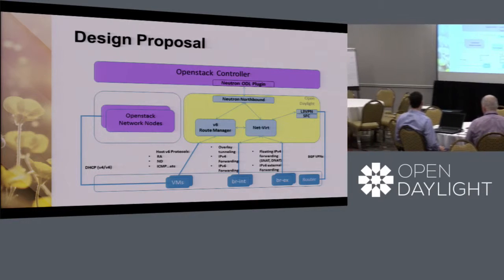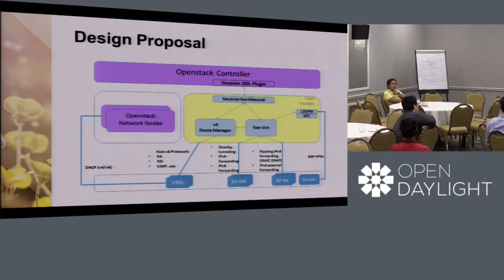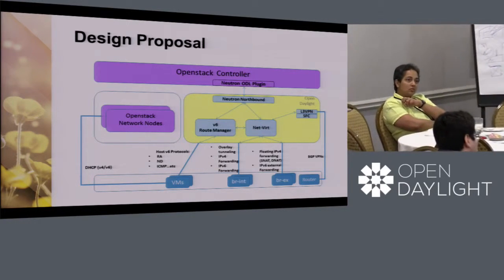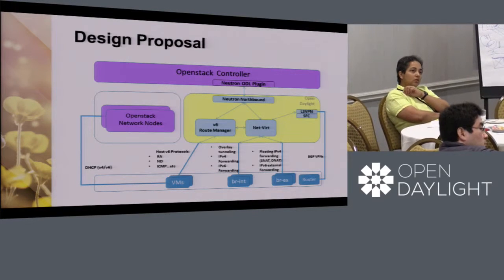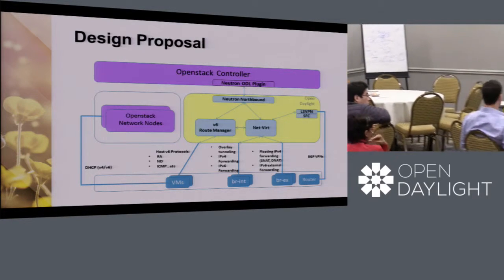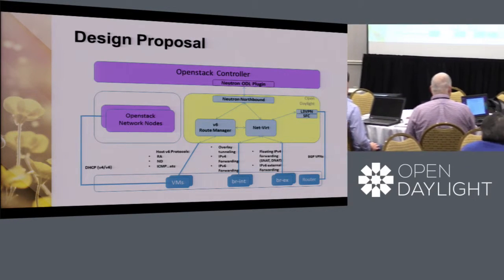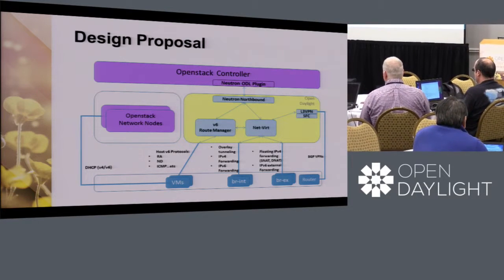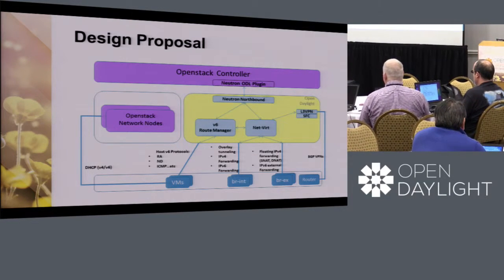Then you need to know, or a single one on multiple ports. I was wondering if there was any use case for the BREX, but what value does it add versus just adding that external port to BRINT?